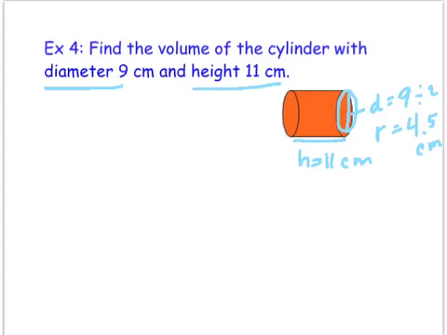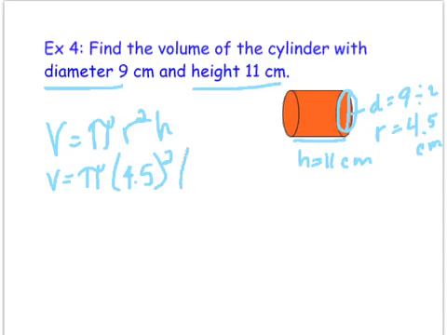Okay, so I can go ahead and write my formula. Volume equals pi r squared times h. Trying to find my volume. Pi, my r is 4.5 squared times my height, which is 11. Again, I want you guys to write this out because that's where we're making our biggest mistake.